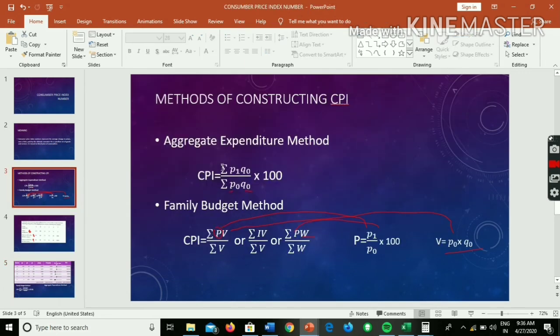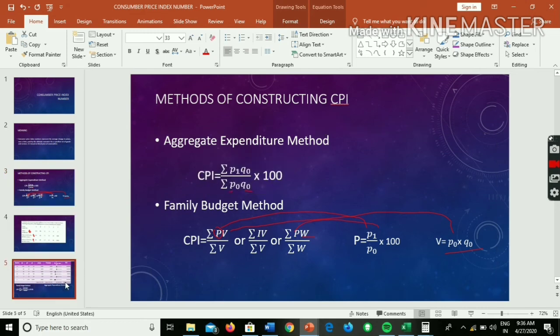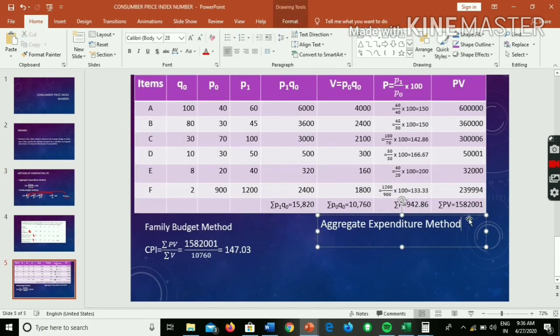So now find under aggregate expenditure method. The formula is CPI equals sigma P1 Q0 divided by sigma P0 Q0 into 100.